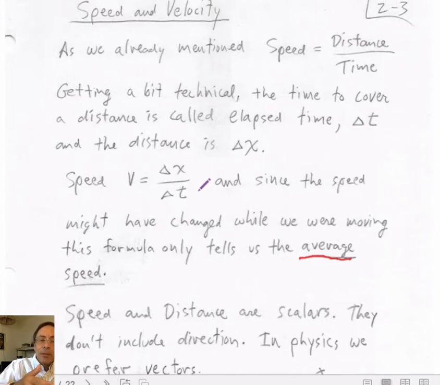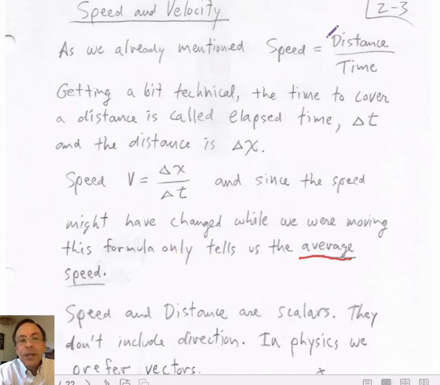The skateboarder could have been going fast and then halfway through the experiment slowed down, and we wouldn't know that from this sort of math because we only know the beginning and end information, position, and times. Okay, we'll take care of that problem later on. But for now, this is just the average speed.